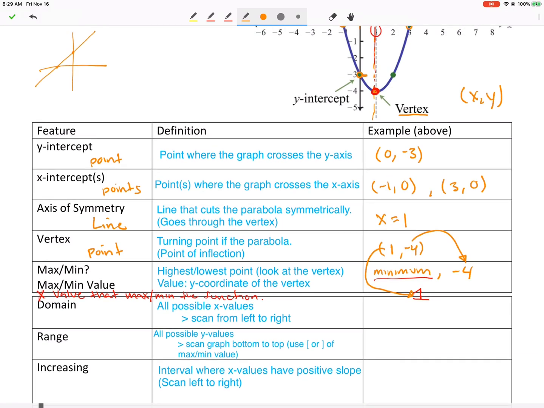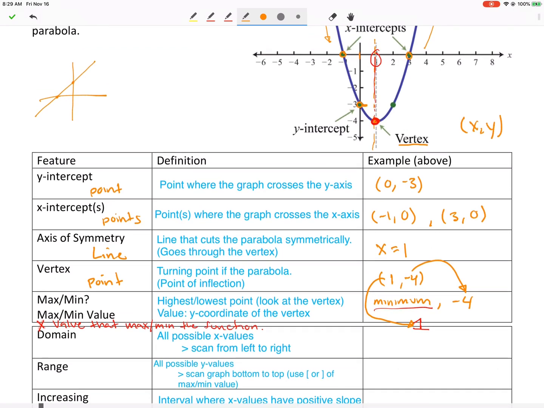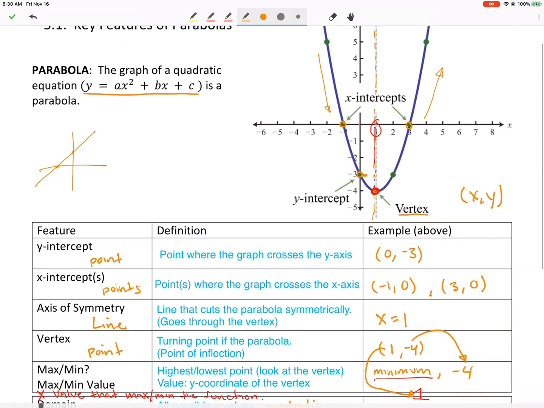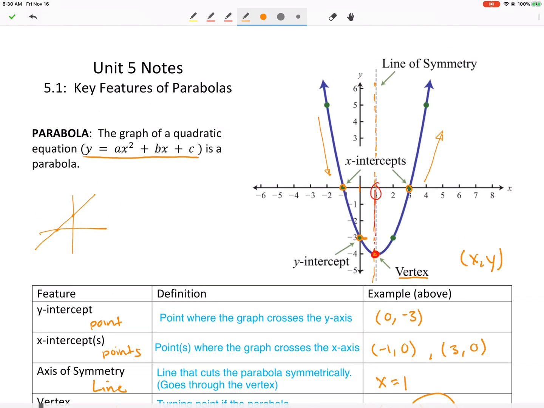Domain is all possible x values on the quadratic. Okay, so for domains, we'll scan from left to right. So this arrow is going this way, and you may say, well, it's going up.